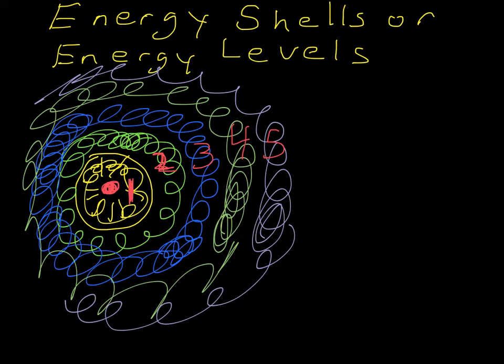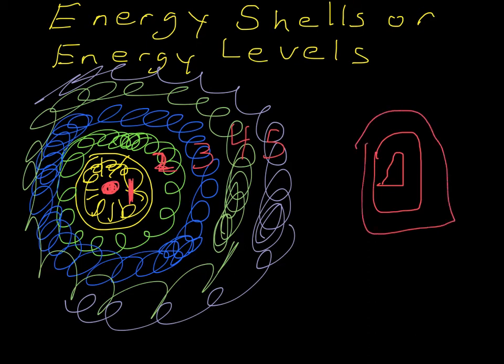So what we do is we break the distance out from our nucleus into these energy shells. Remember, this is three-dimensional. The way to really think of it is like a Russian nesting doll. You have your inner doll, then a doll around it, and a doll around it, and a doll around it.